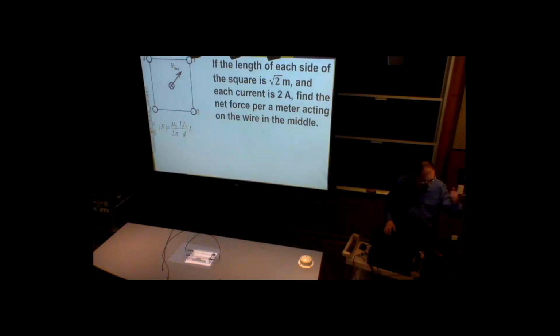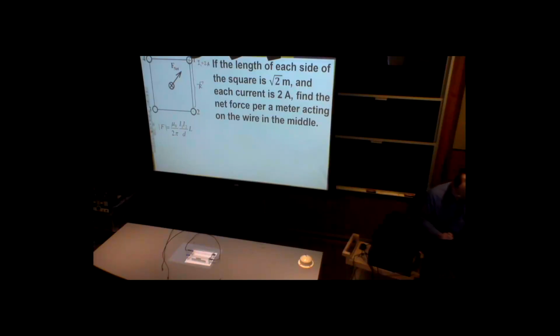And of course, we can calculate, for example, we have to pick any configuration, let's say out, out, out, okay? And calculate this force and the length of each side. So it's not the length of a wire, it's the length of this side of the square, equals square root of 2. Why would people write square root of 2? So the magnitude of each current equals 2 amps. 2, 2, 2, 2.